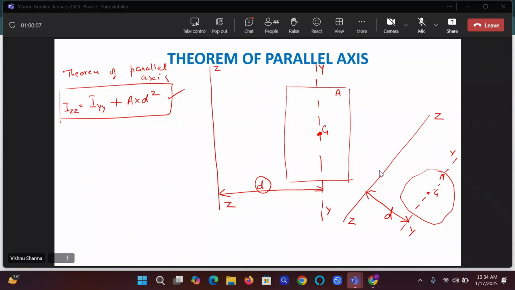Now, sometimes if it comes in theory, describe the theorem of parallel axis. You describe this expression in words. What will you write? I'm writing here so that you can take a screenshot.